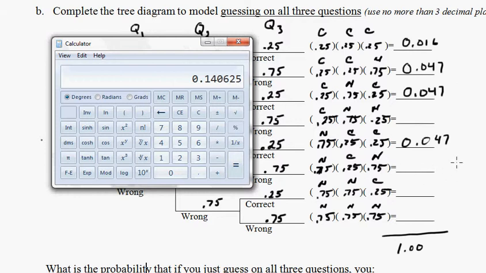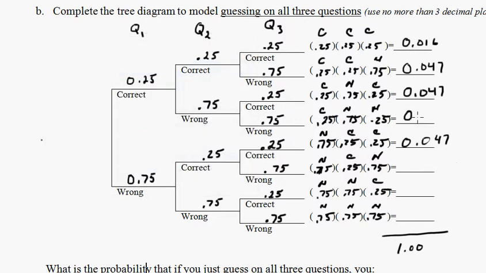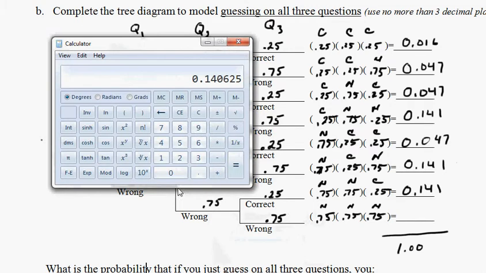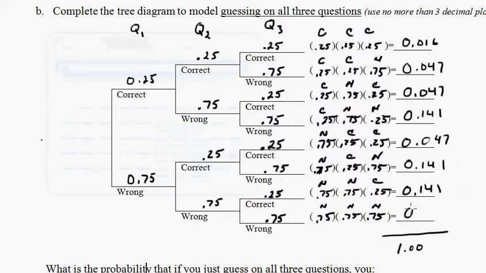So 0.141, 0.141, 0.141, and then finally 0.75 cubed, so 0.422.